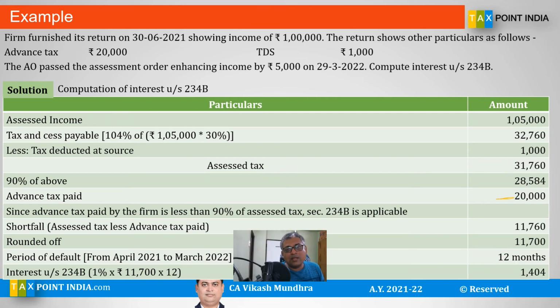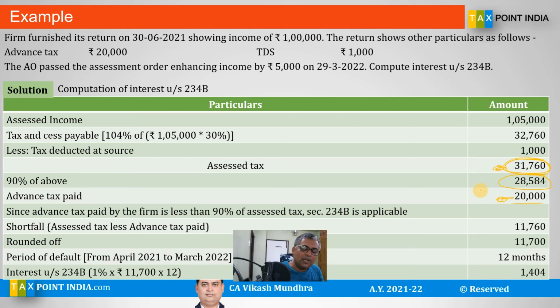How much is the shortfall? If the provision is applicable, then the shortfall is supposed to be calculated by using this figure, 31,760, as reduced by 20,000. This 28,584 figure shall not be considered for the purpose of computing your interest liability. It is used only to determine whether the provision of section 234B is applicable or not.